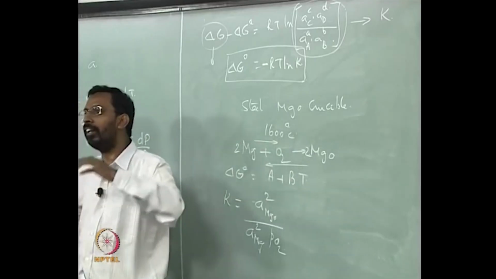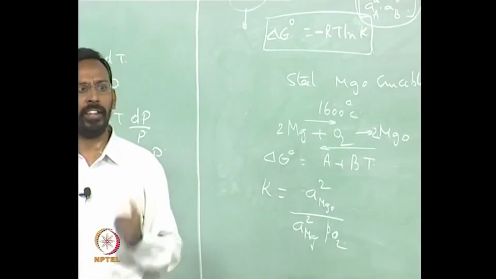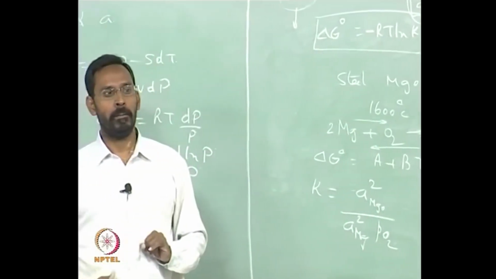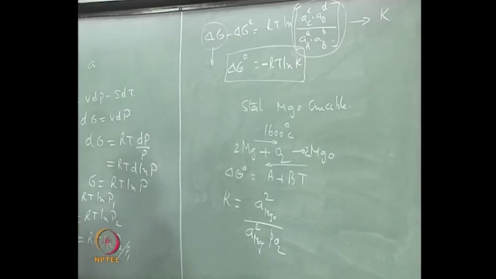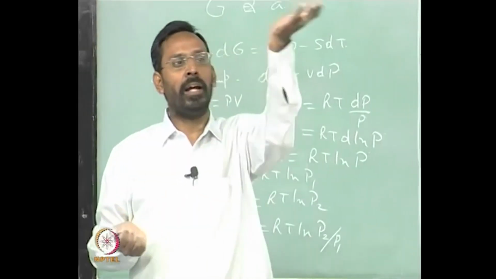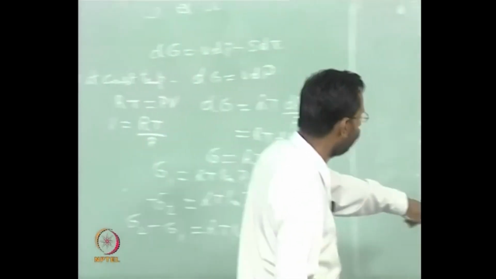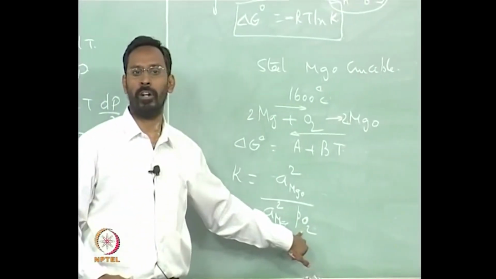If the oxygen content inside the furnace is lower than the PO2 of the reaction, the system goes in such a way that oxygen is created, so that it maintains the oxygen partial pressure inside the furnace equal to the equilibrium partial pressure.